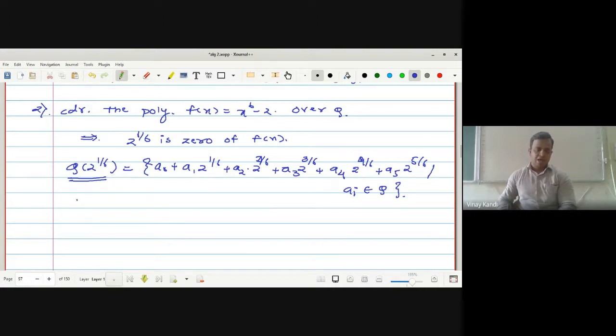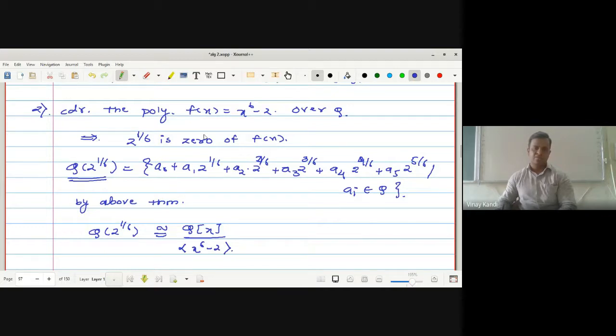Okay, so by above theorem, this Q of 2 raised to 1 by 6, this field is isomorphic to Q of x divided by x raised to 6 minus 2.